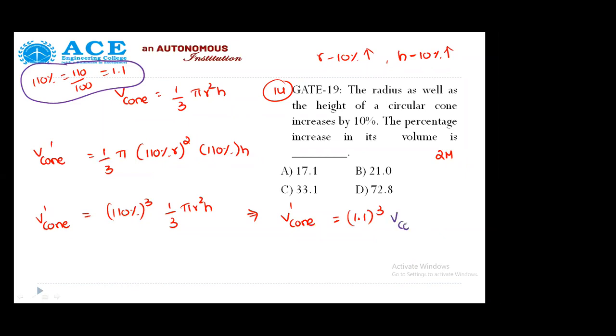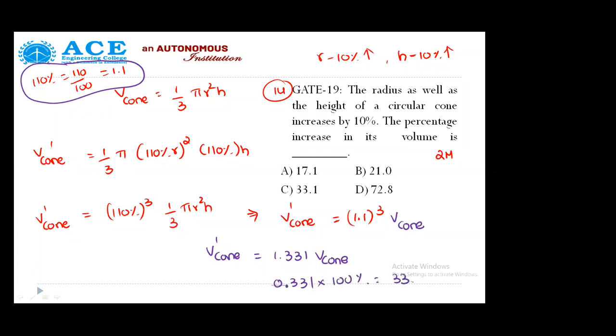times volume of cone. So guys, if you see 1.2 means 20%, we can say, or else this is 1 plus something, right? How much percentage increase is 0.331 into 100? 1 means no profit, no loss, no increase. How much extra is 0.331 into 100 you do?